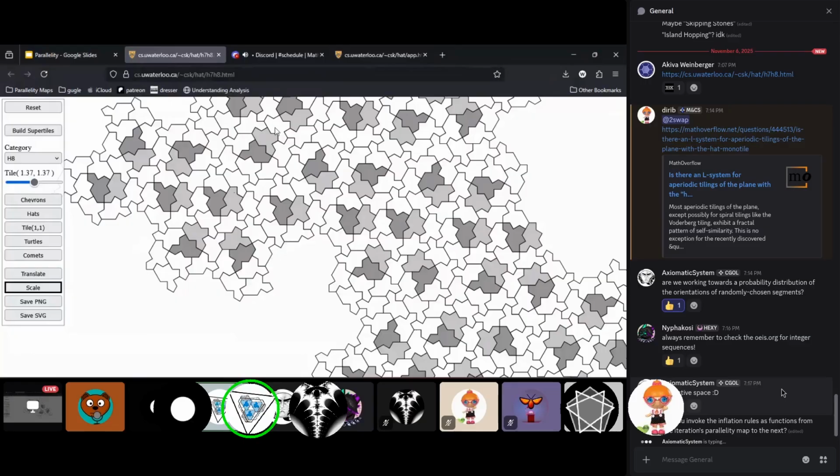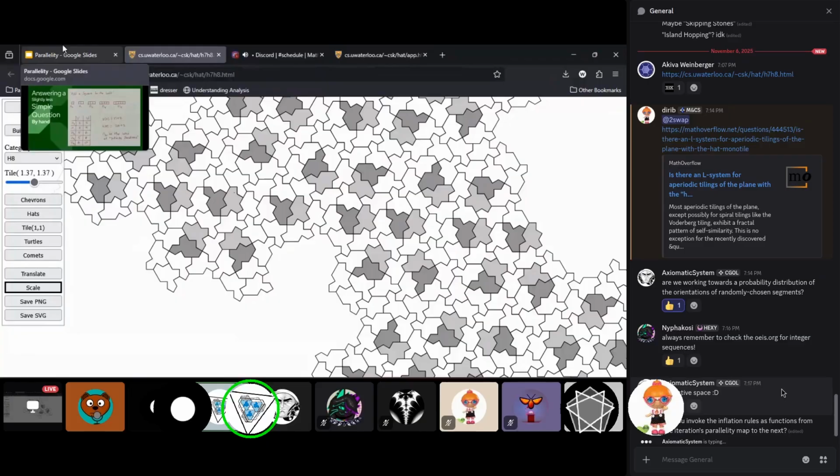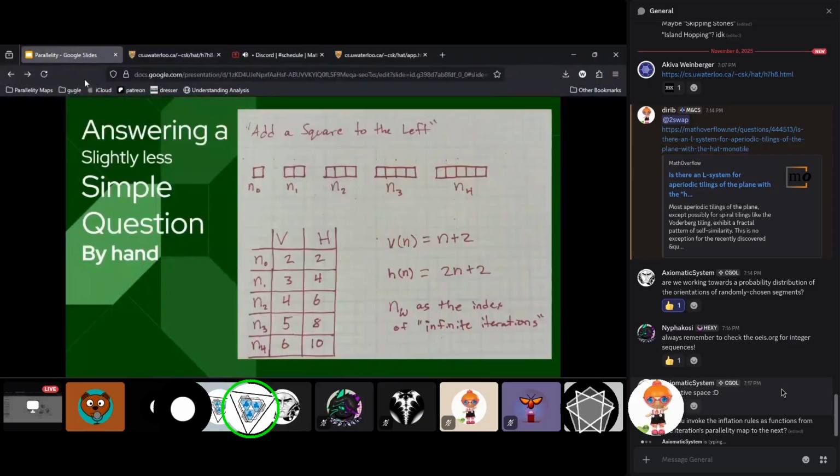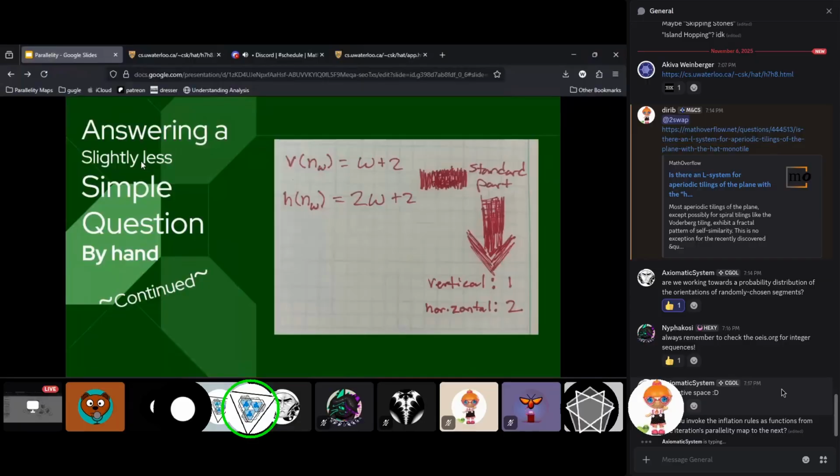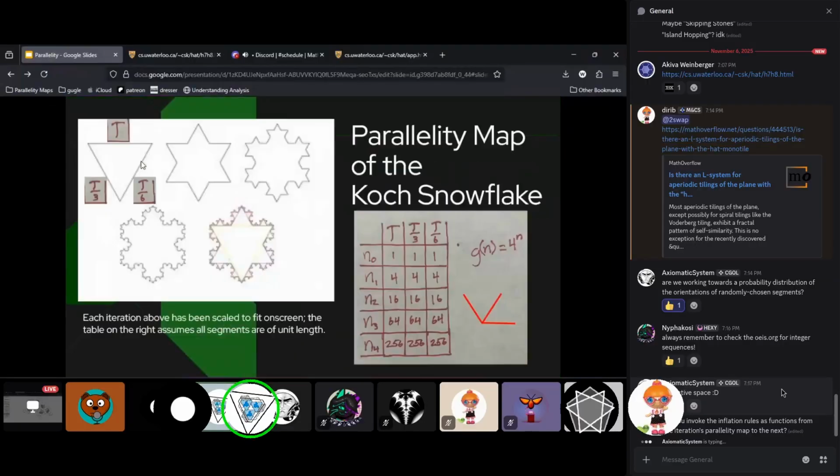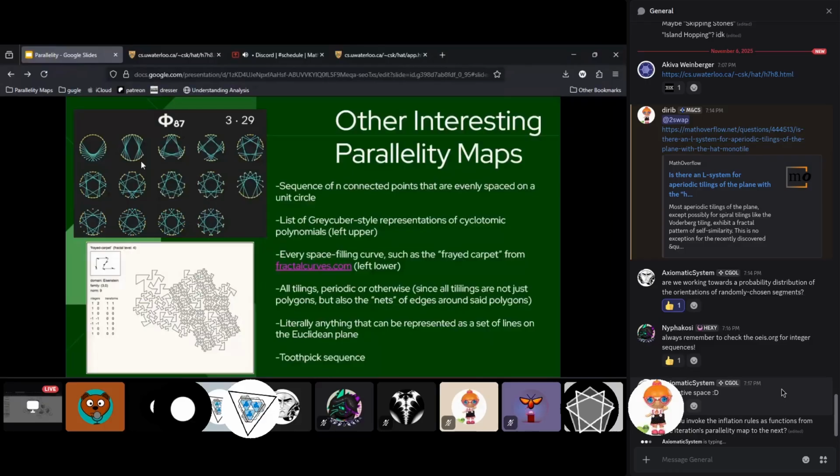You could count all overlapped lines separately, or you could treat them like the same line. I was just assuming the minimum number of lines it would take to represent a certain iteration of the Lindenmayer system.